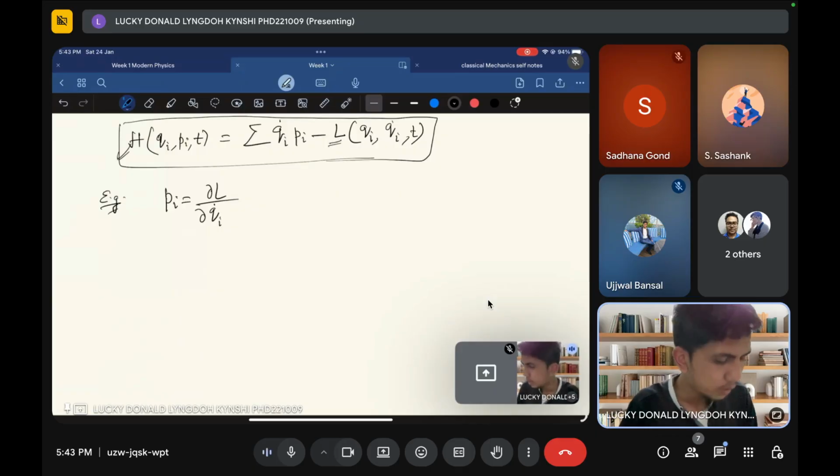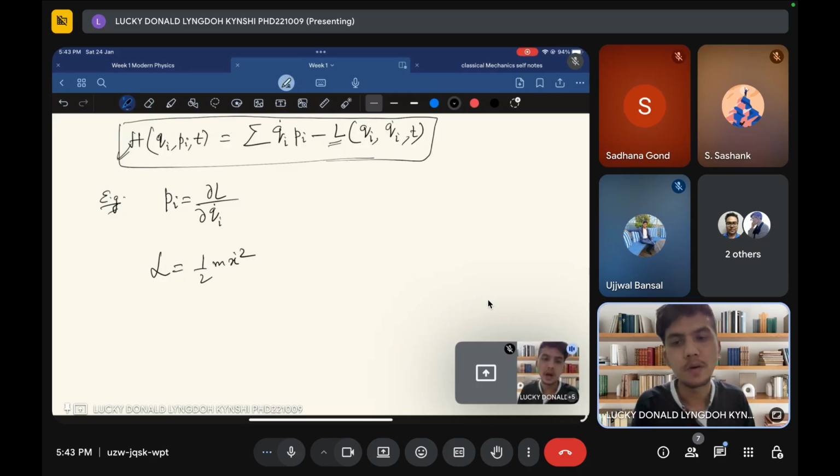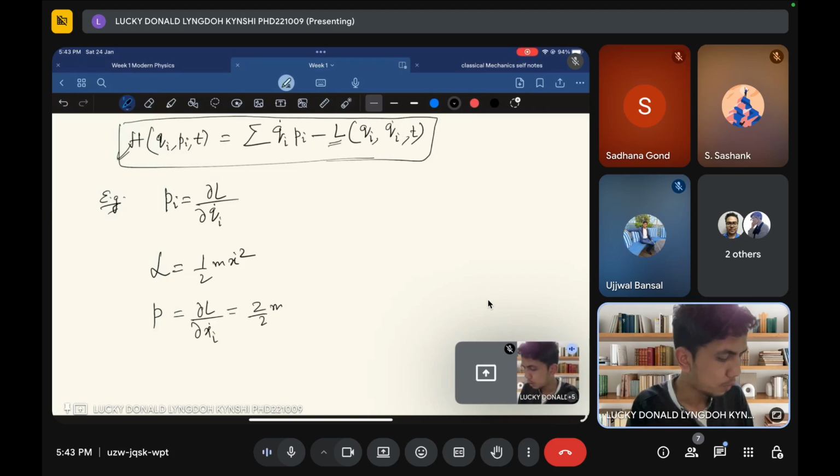Now, for example, let's say Lagrangian is equal to half m x dot square. This is simply half m v square, which you know. Now your momentum p will be equal to del L divided by del x dot, which will be equal to 2 by 2 m x dot, which is simply m x dot. Now you can rewrite x dot as p by m.